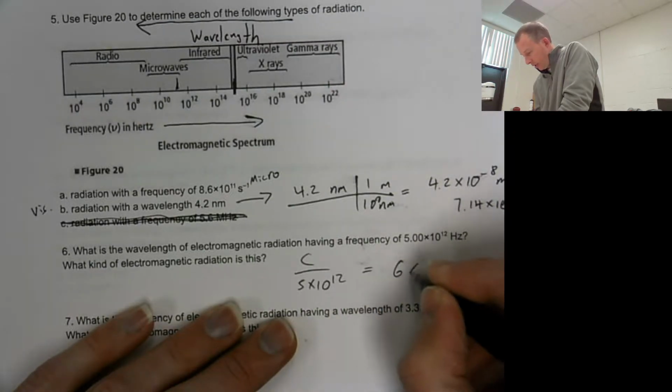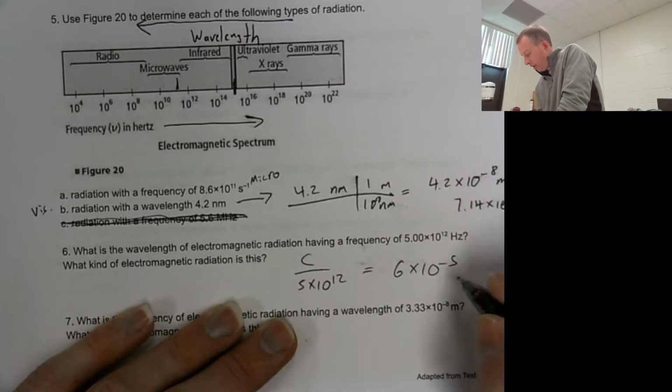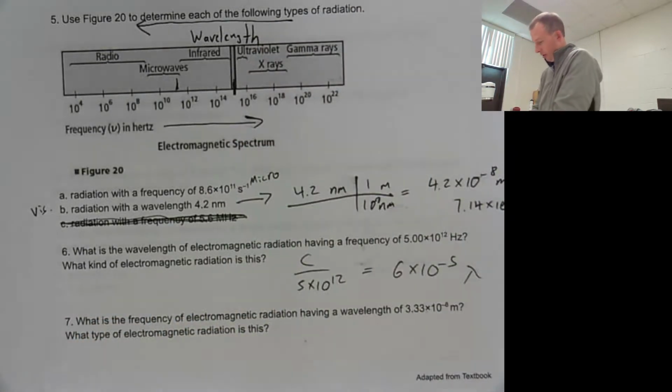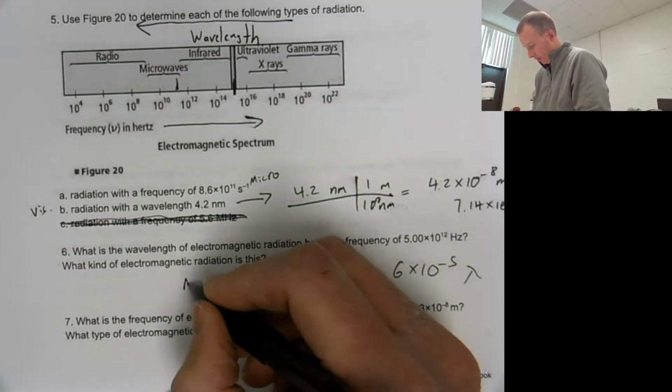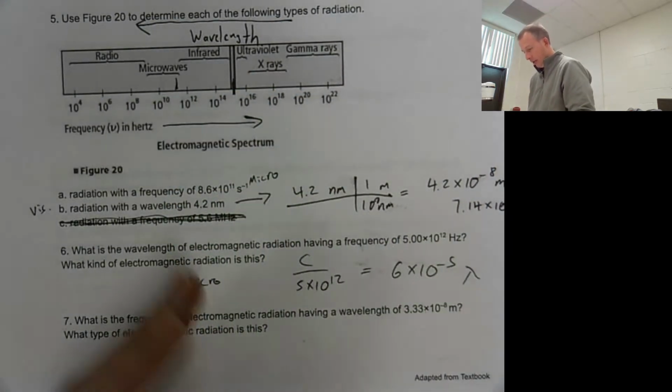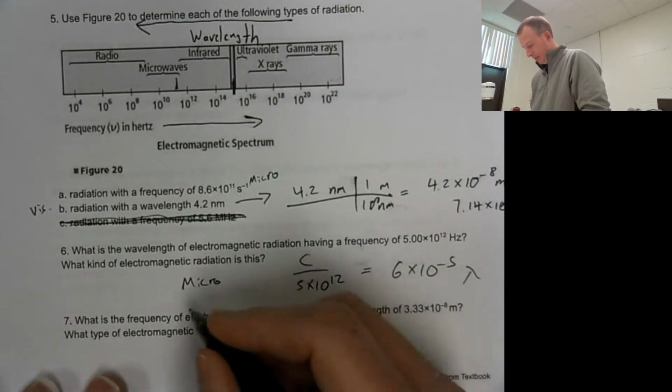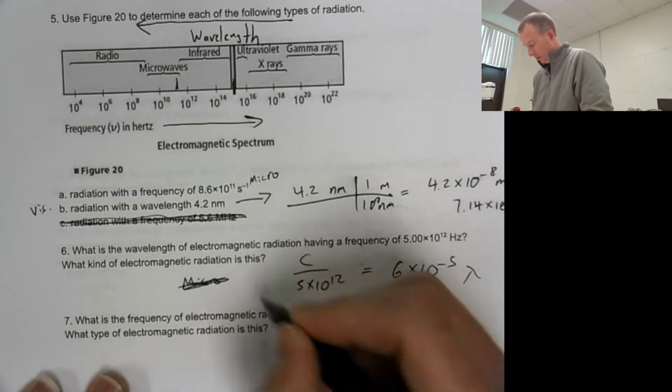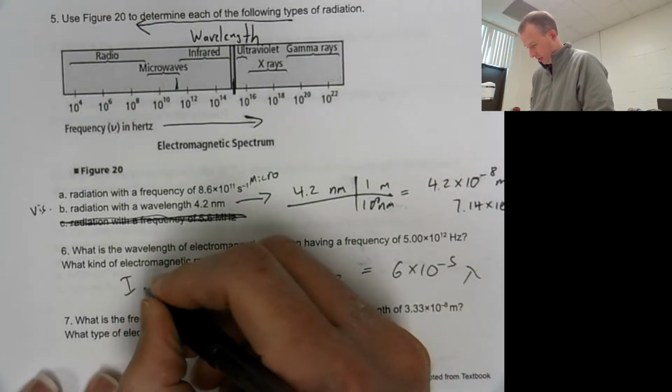That gives you 6 times 10 to the negative 5th for the wavelength. Then identify what type it is. You can just do it based on up there. That's like microwave, based on its general location right there. Or you could say infrared, I guess, more than micro, so you can say infrared.